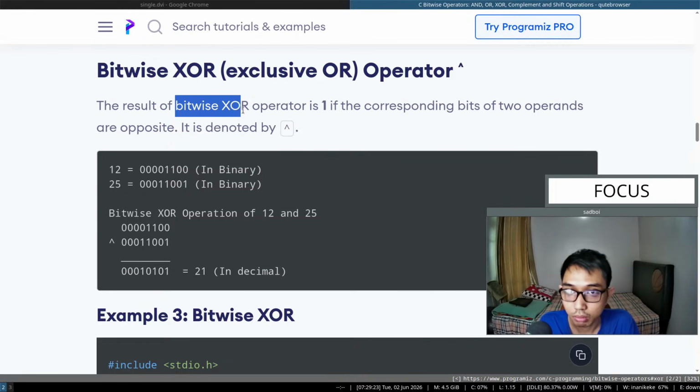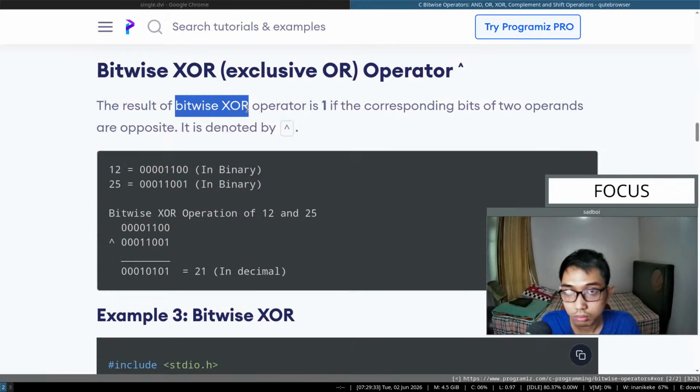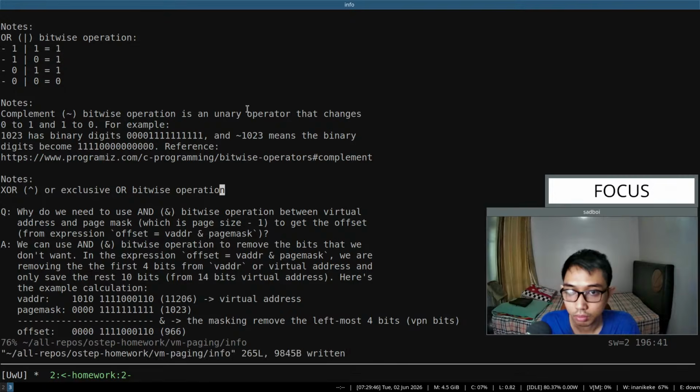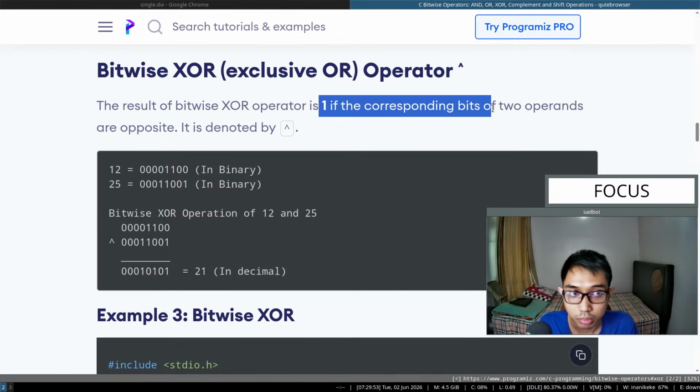Three set of bitwise XOR, or exclusive or, bitwise operation is 1 if the corresponding bits of two operands are opposite.